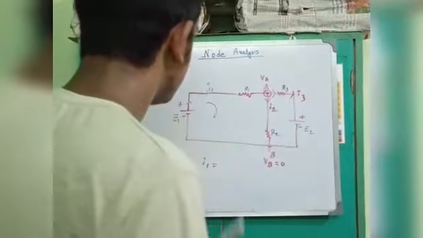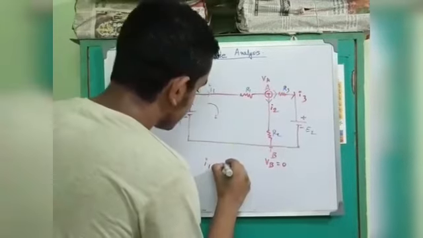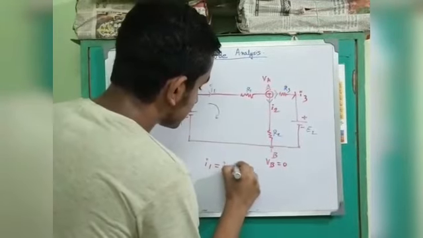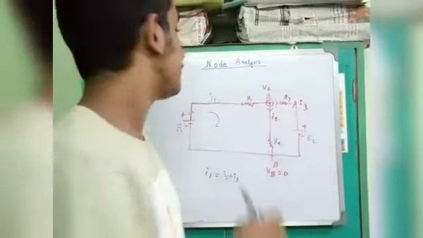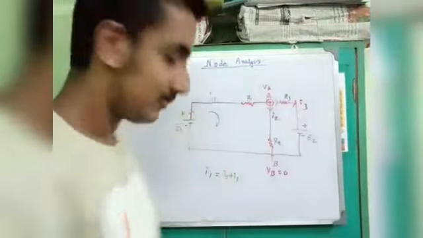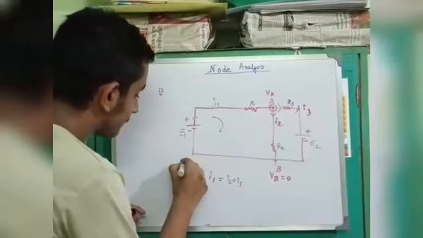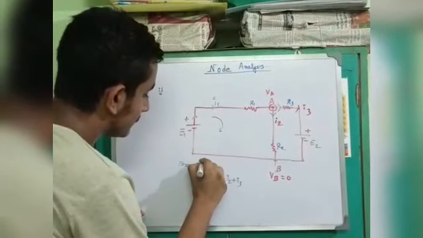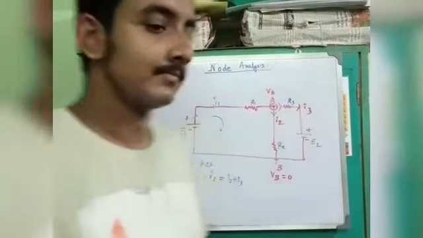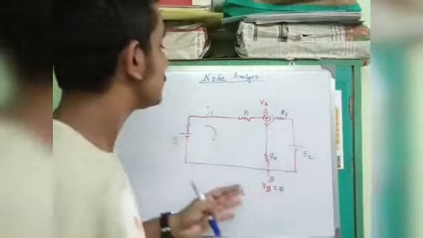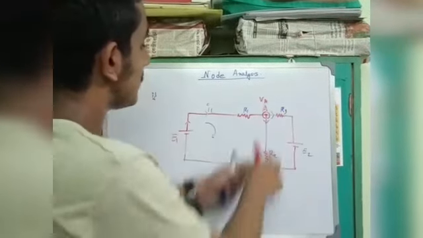Okay, very good. So I1 equals I2 plus I3 from Kirchhoff's current law, KCL. Current is dividing in two directions, one in this direction, one in this direction.